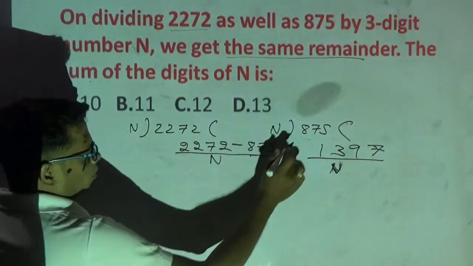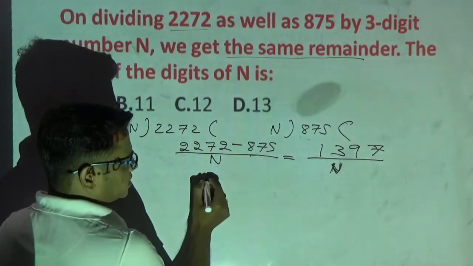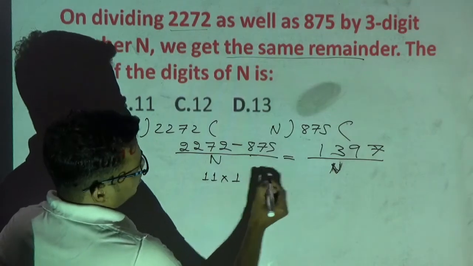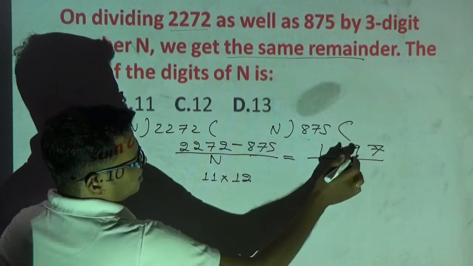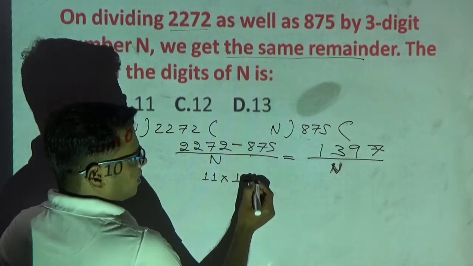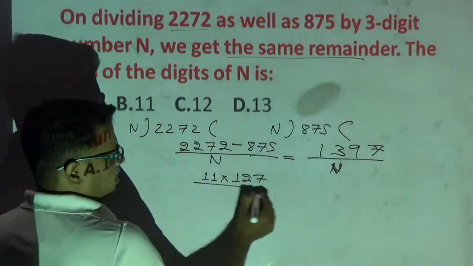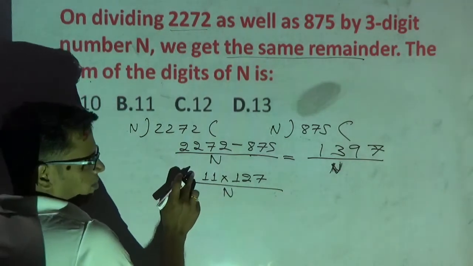Now please see here, 1397 I can divide by 11, right? See, 11 into how many times will it go? 11 ones are 11, 2 left out, 11 twos are 22, then 7 left out, 11 7s are 77. 1397 is written as 11 into 127. 11 is a prime number.